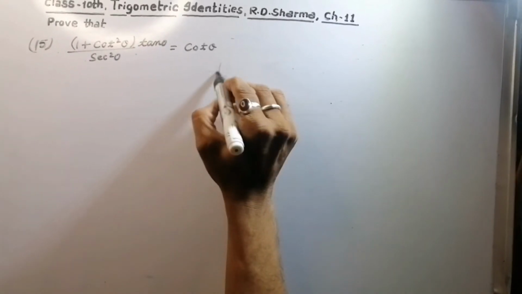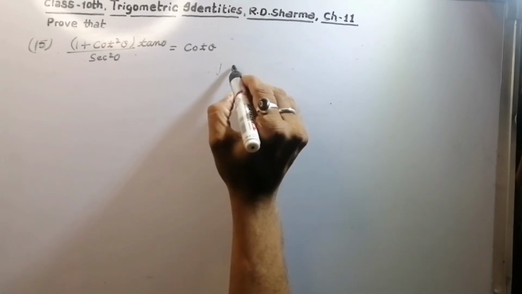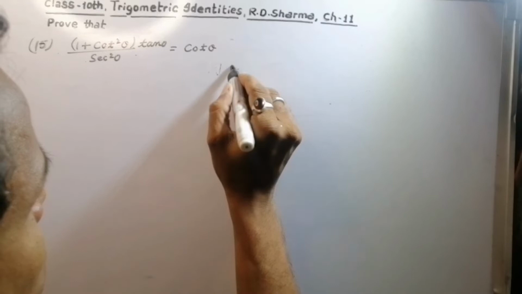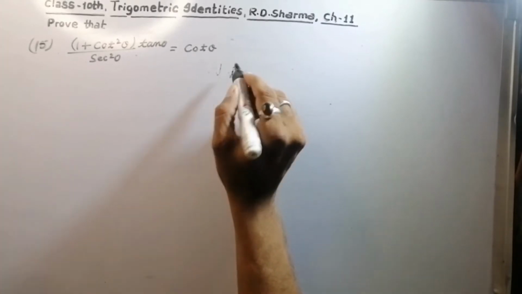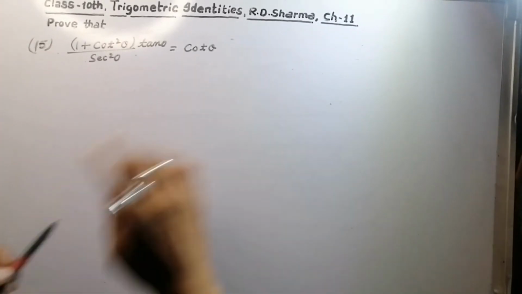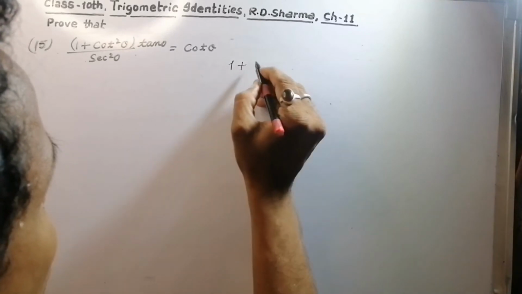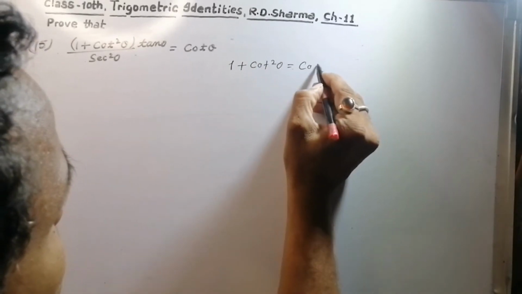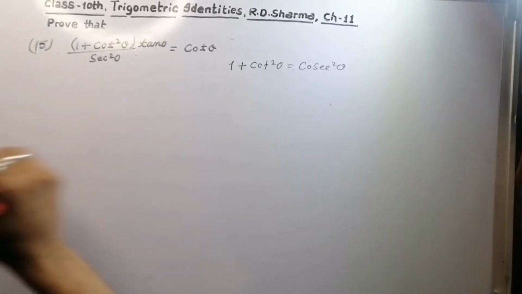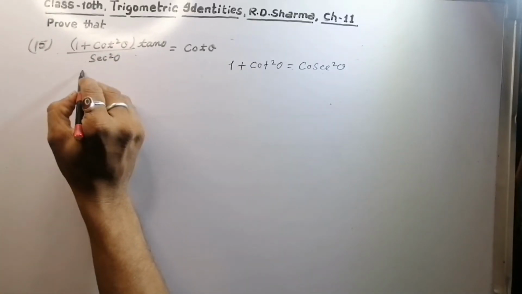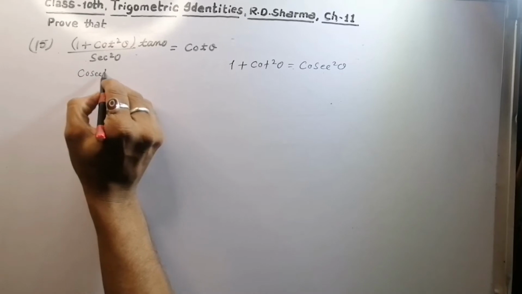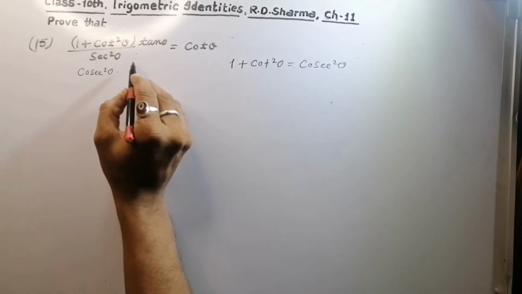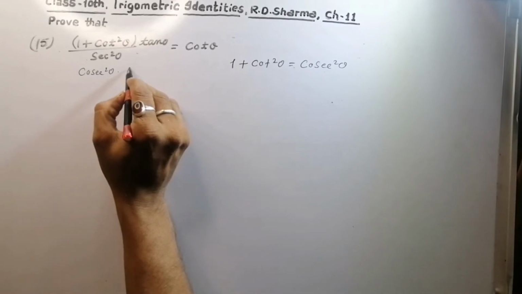Now question number 15. (1 plus cot square theta) into (tan theta upon sec square theta) is equal to cot theta. Because 1 plus cot square theta is equal to cosec square theta.